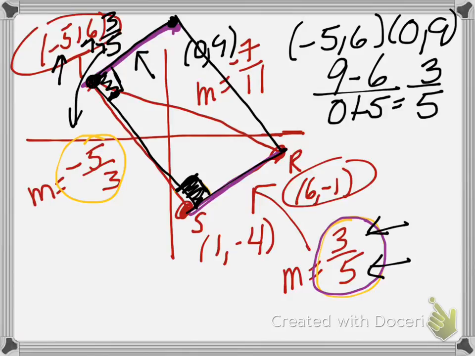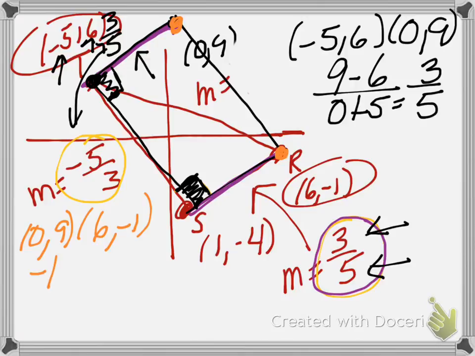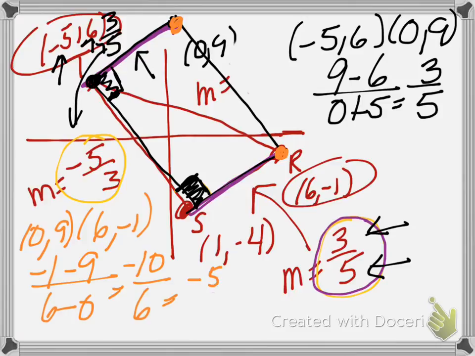Okay, sorry, I just realized that there's a mistake here with this slope. Let's just fix that up real fast. Get another color. How about orange? Okay, so the slope of this line from (0, 9) to (6, -1): y2 minus y1 over x2 minus x1 gives us negative 10 over 6, which is the same thing as, you can divide them both by 2, negative 5 over 3.